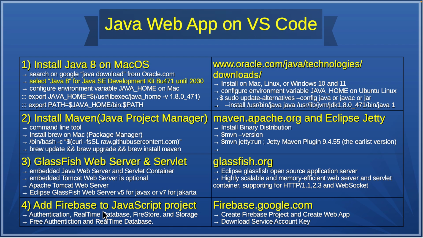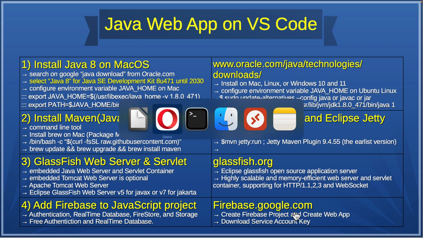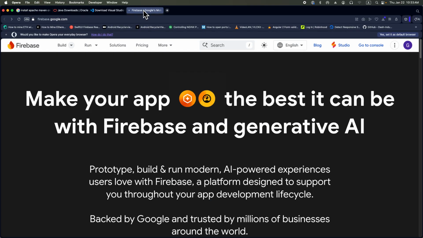And you need to have a Firebase account. You should have a Gmail account or a Google account. Go to firebase.google.com. Go to console, and then you should see your console panel for Firebase projects.